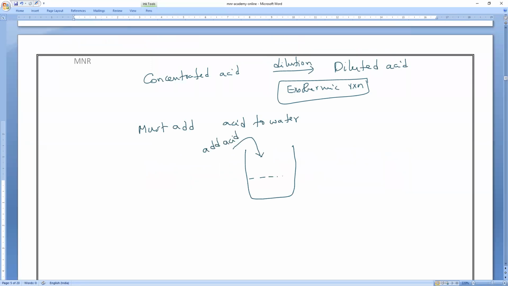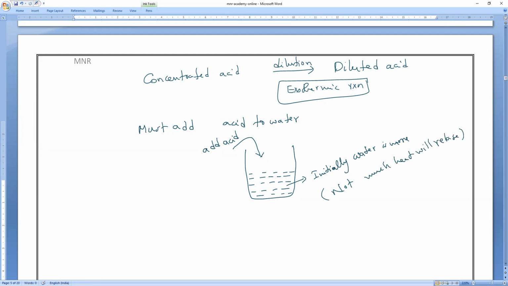So initially whose concentration is more? Water percentage is more or acid percentage is more? Initially, water concentration is more. So that not much heat will be released.